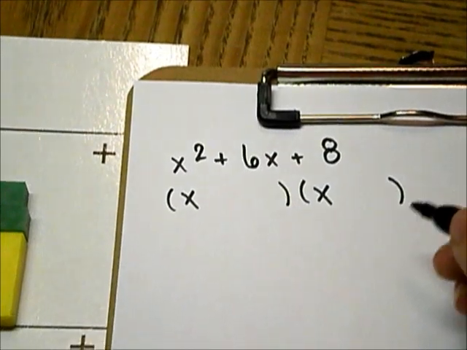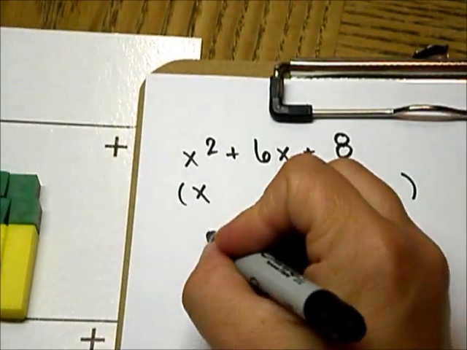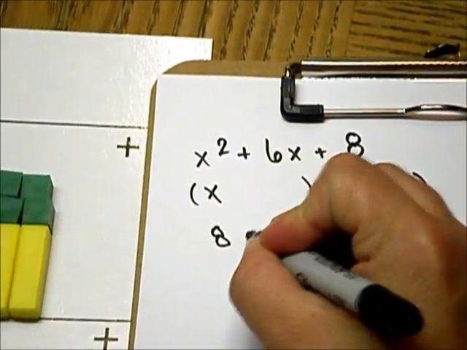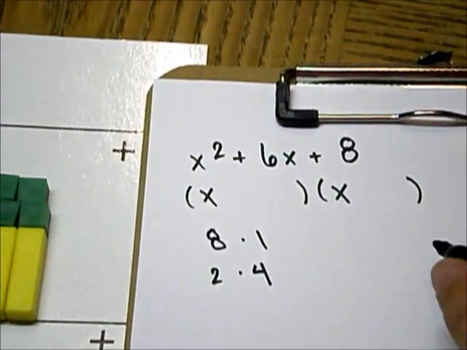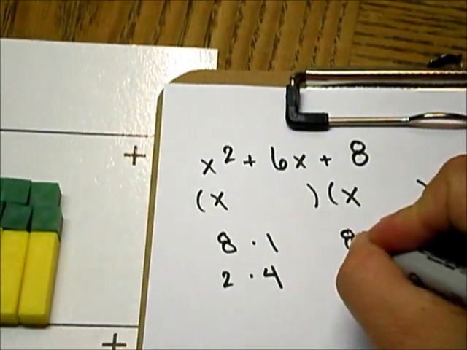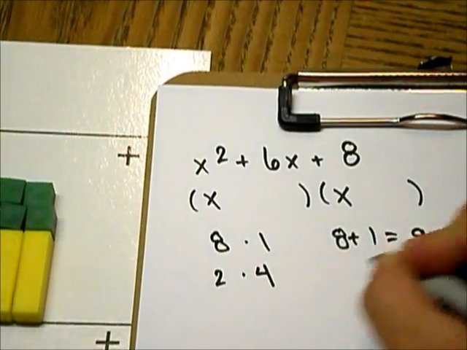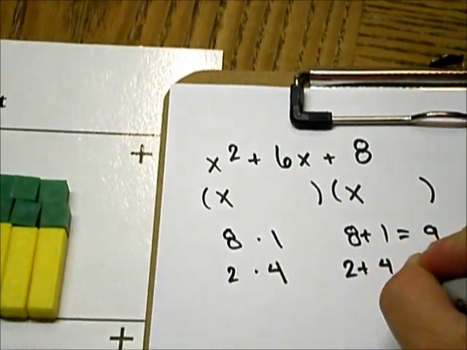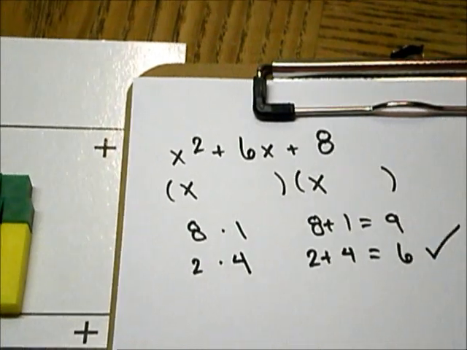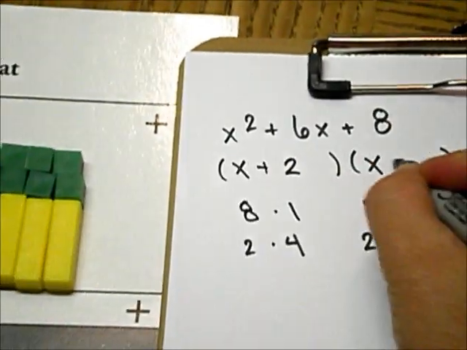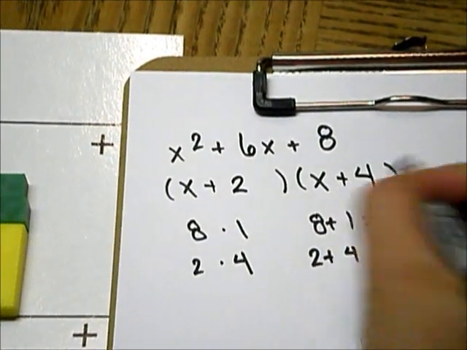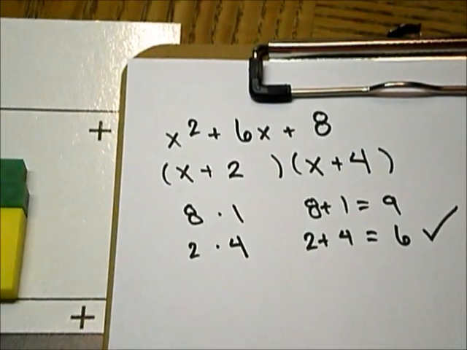We're looking for the factors of 8, which are 8 and 1, and 2 and 4. If we add the factors, 8 and 1, we will end up with 9. 2 and 4 will give us 6. So we know that 2 and 4 are the correct solution. We're going to put 2 and 4 in the parentheses. They will both be plus because everything in that equation is plus.